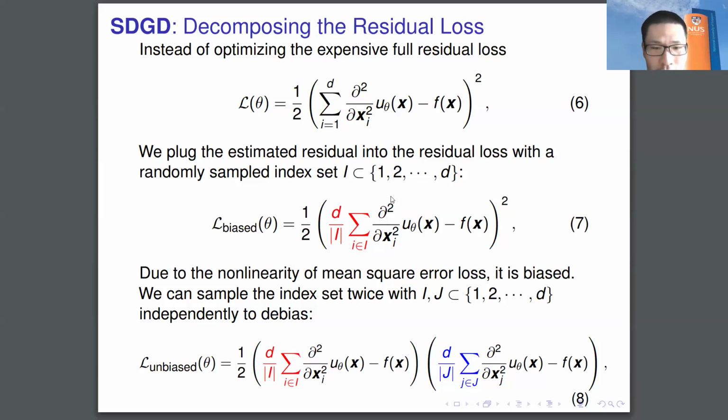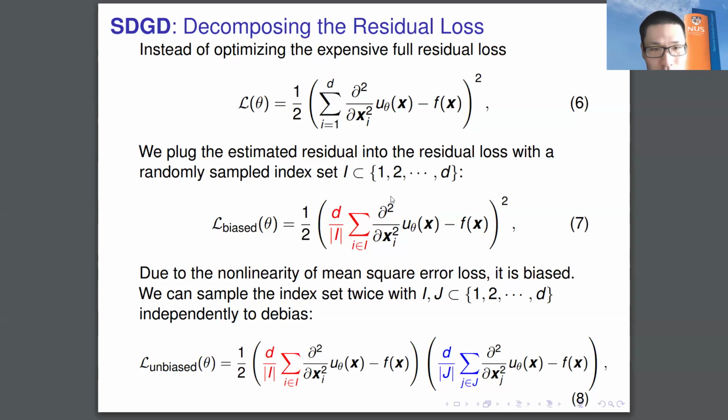By doing that, we can obtain a very cheap estimation of the residual loss. We avoid computing the full gradient, and we are decomposing the residual loss more. That's why it's called SDGD. It's similar to stochastic gradient descent, just that the stochasticity is over the dimension.